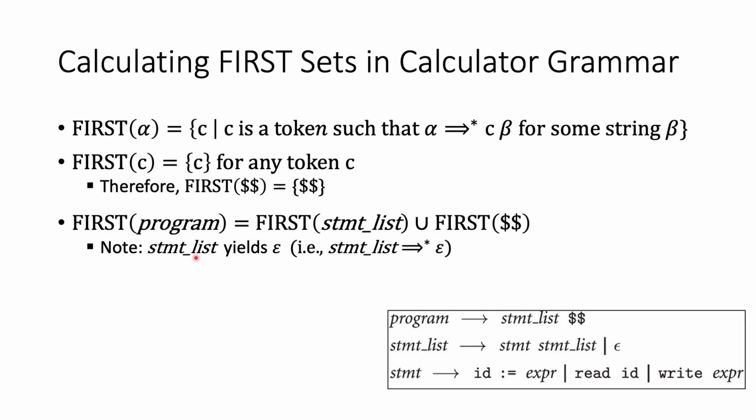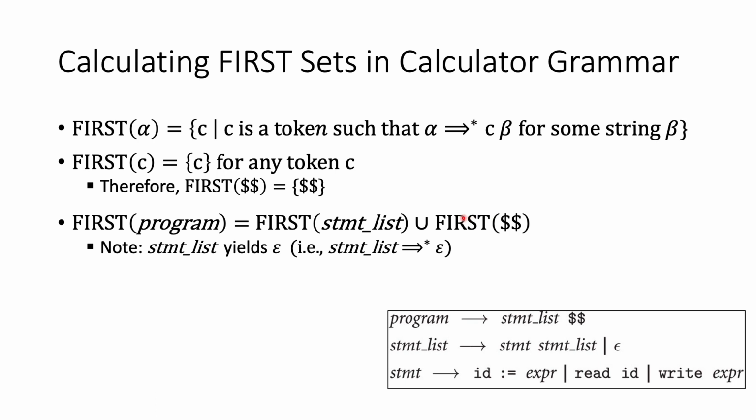And because stmt list yields epsilon, the first of the program must also contain the first of the end marker. So because of this production and because of this fact, so here when we say stmt list yields epsilon, it means stmt list derives after 0 or more replacements to epsilon.